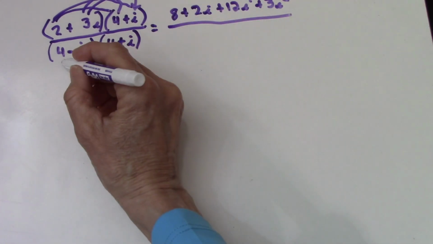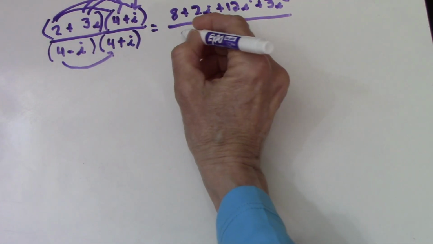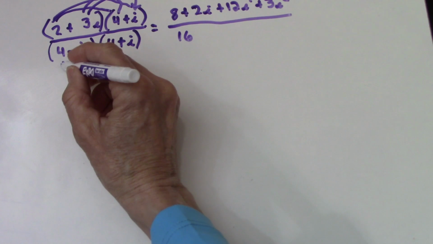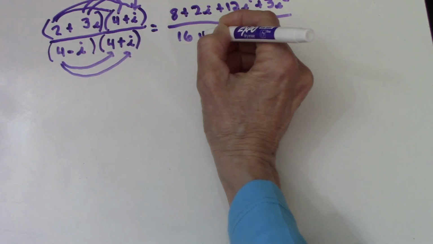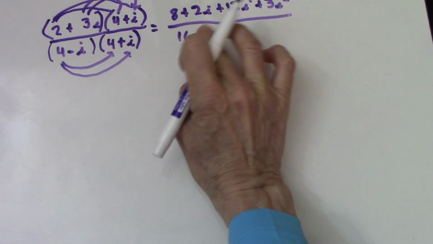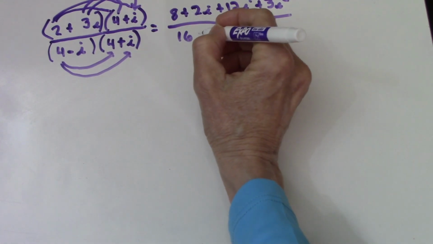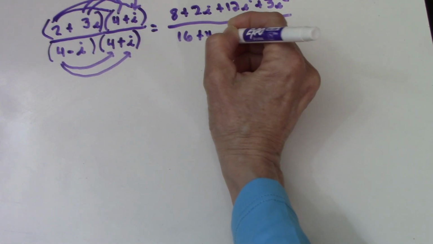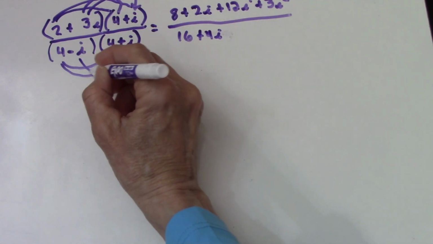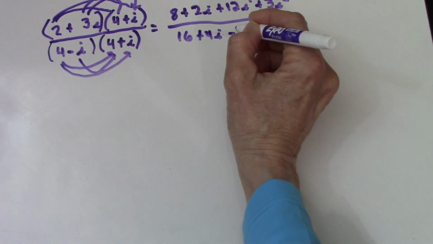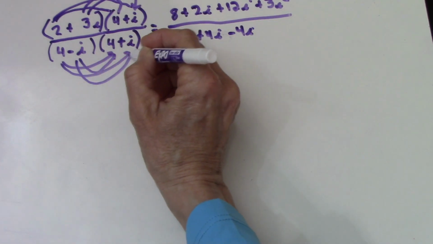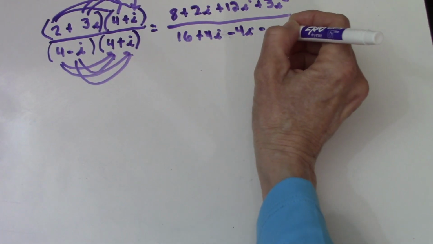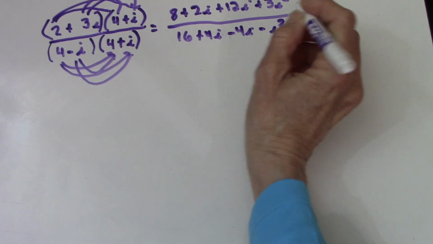All over 4 times 4 is 16. 4 times i is plus 4i. Negative i times 4 is minus 4i. And negative i times i is minus i squared.